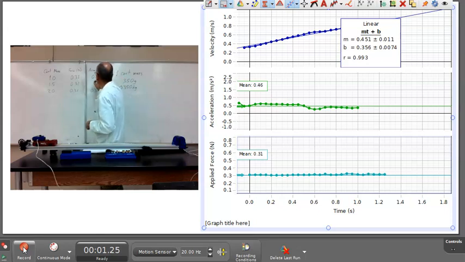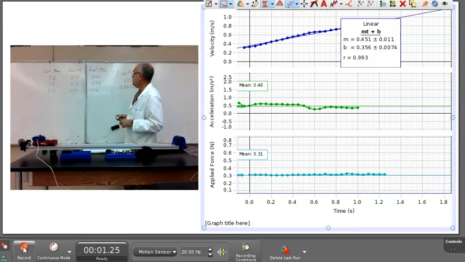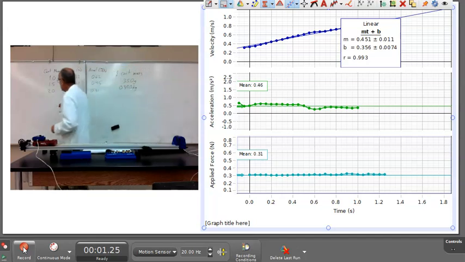So let's use the velocity slope, 0.45. We're starting to see something here. It looks like there's something numeric going on here. So let's repeat the experiment.